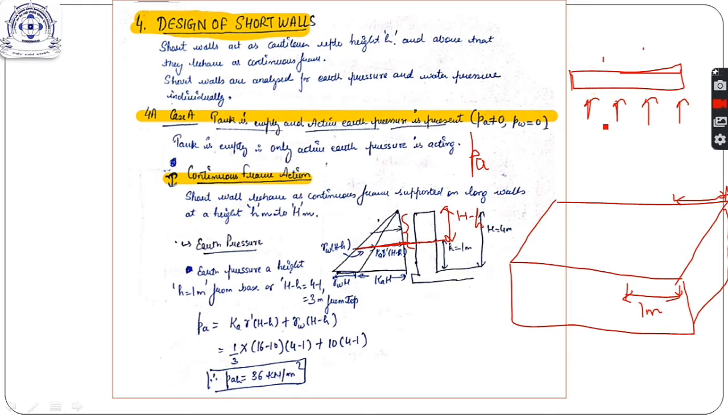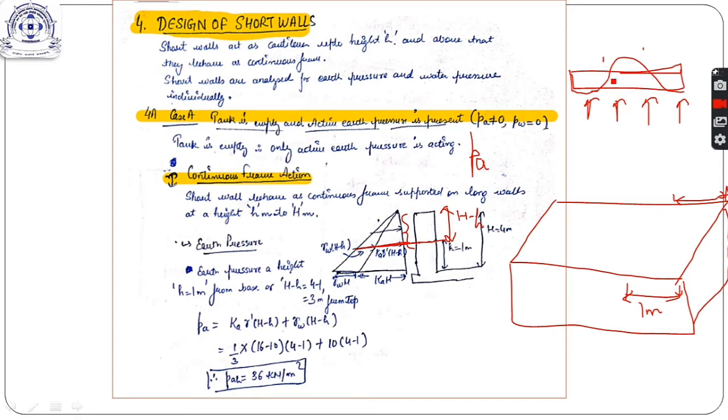As this is acting as a continuous frame or beam, there will be sagging at the center and hogging at the ends like we did previously, with the major difference that now the sagging will be on the inner face and the hogging will be on the outer face. When the water pressure is acting from inside, the case will be opposite. I hope you understand this part.